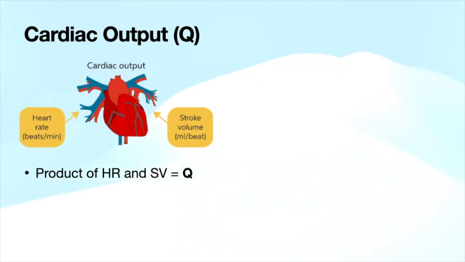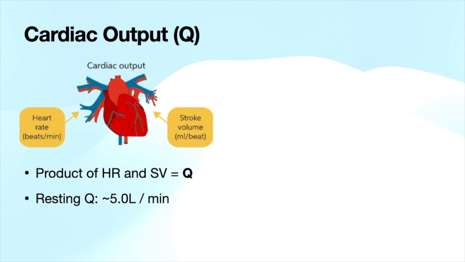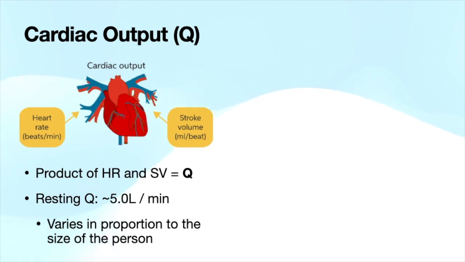But to know how much increase or decrease happens, we have to look into the resting value of cardiac output. Normally, our resting cardiac output is 5 liters per minute. But do take note that this varies in proportion to the size of the person.